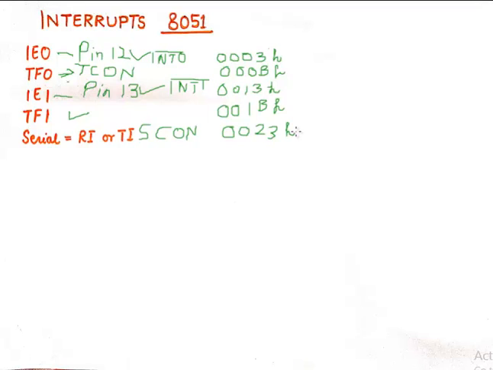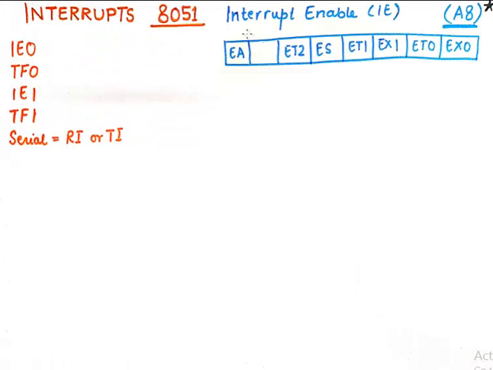Now, in order to control these interrupts, there are two special function registers in the microcontroller. The first one is the interrupt enable register. As the name suggests, the interrupt enable register is going to enable or disable a specific interrupt.